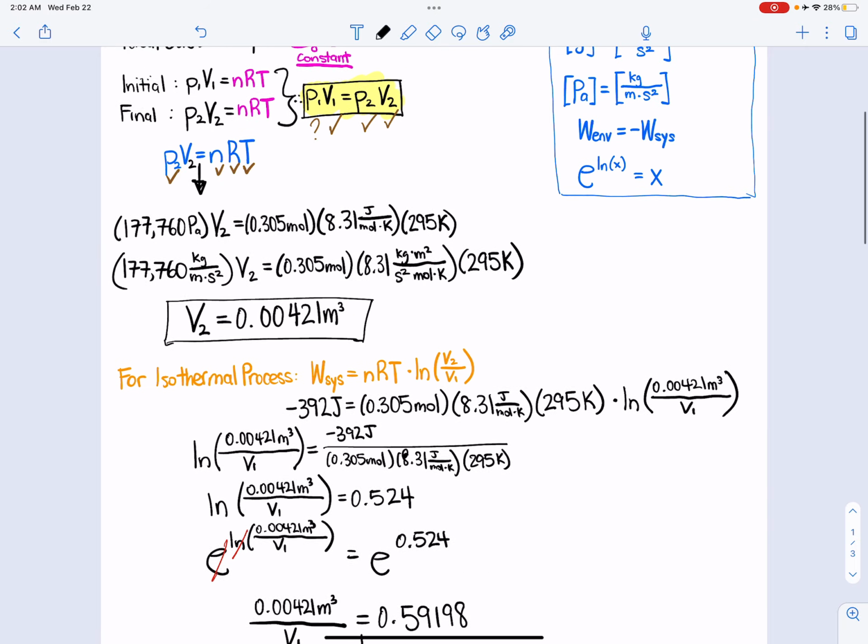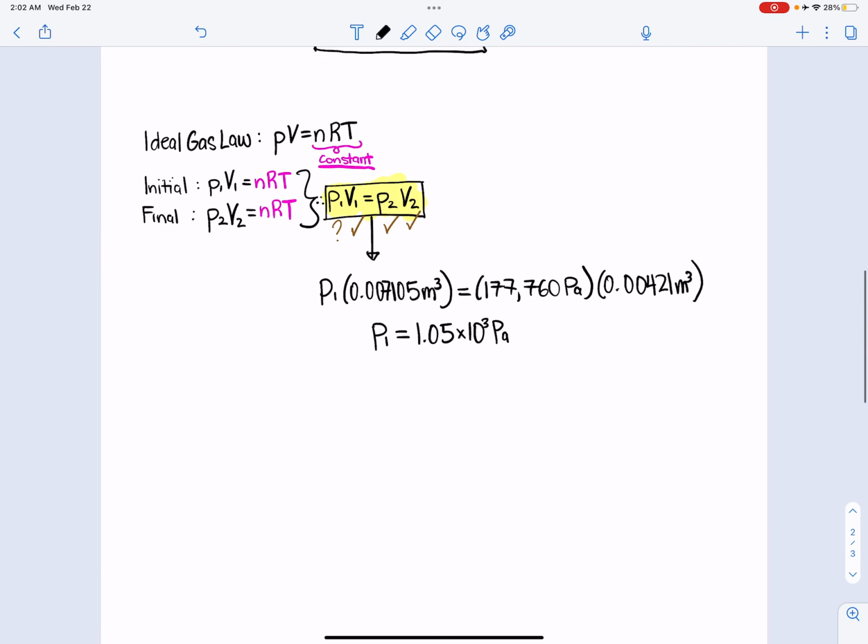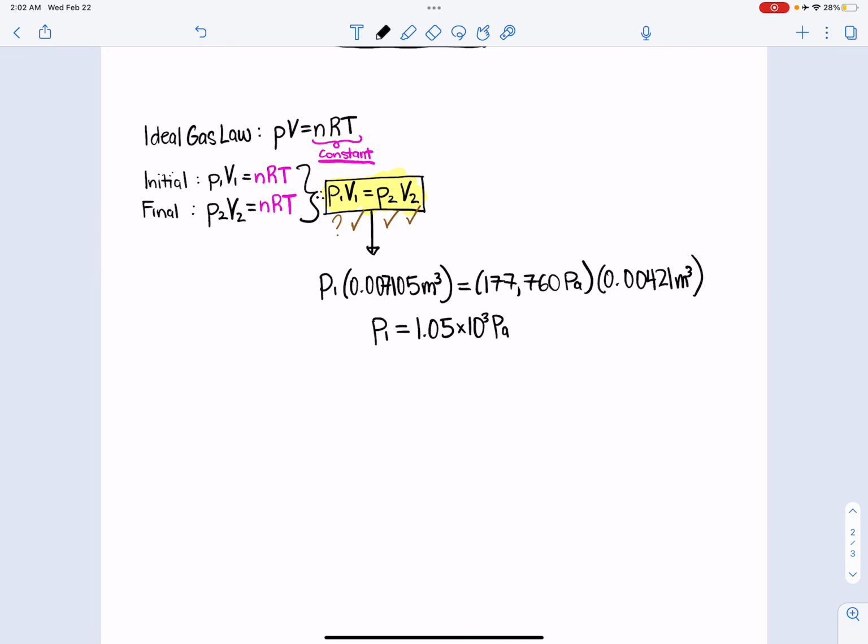And you could leave it at that, or if you want to leave it in ATM, then that is equal to, again, 1 ATM is equal to 1.01 times 10 to the 5th pascals, right?